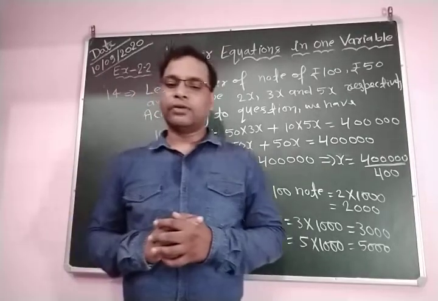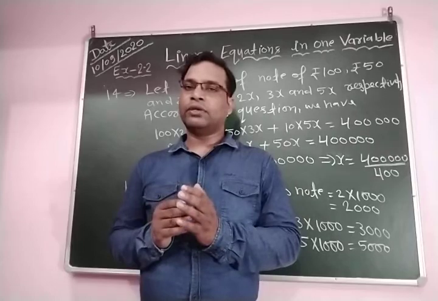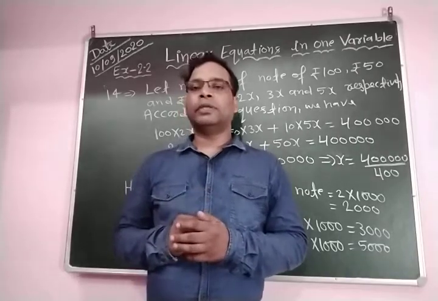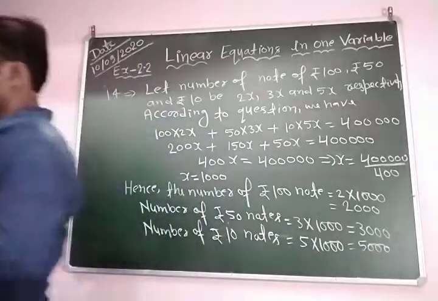When we multiply 5 into 2 into 1, we obtain 300. So let's see how to solve this question.